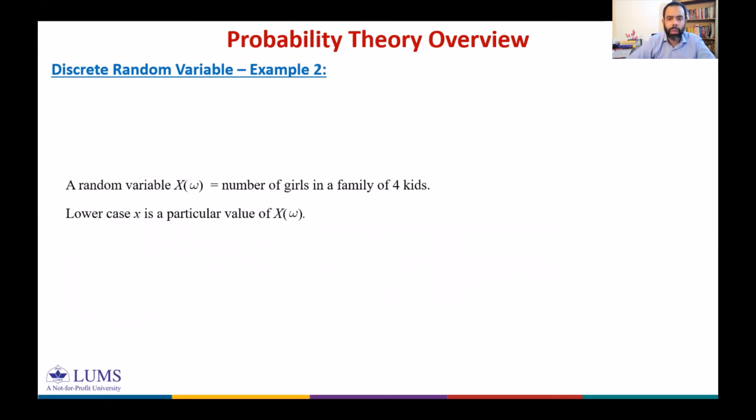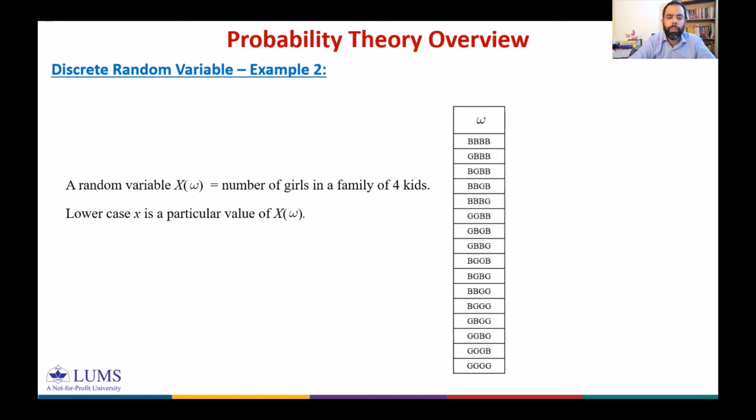Let's take one more example. A random variable that is equal to the number of girls in a family of 4 kids. What are the possibilities we have? This is our sample space.